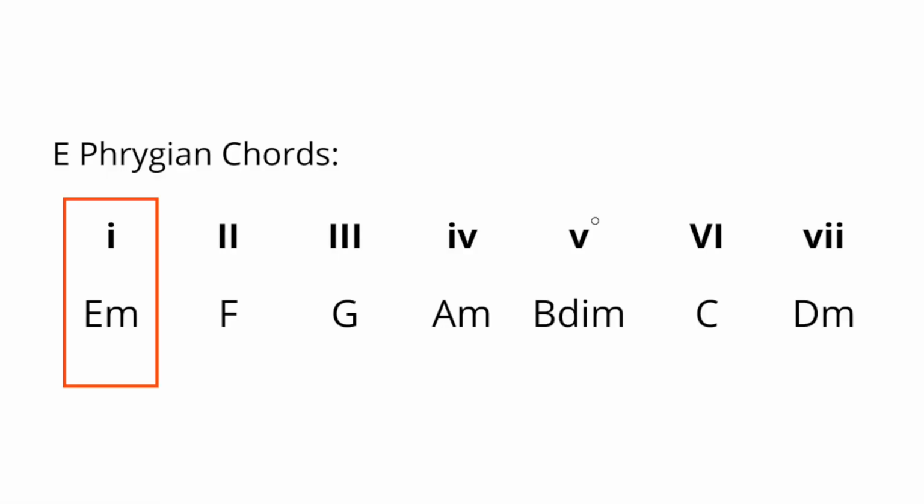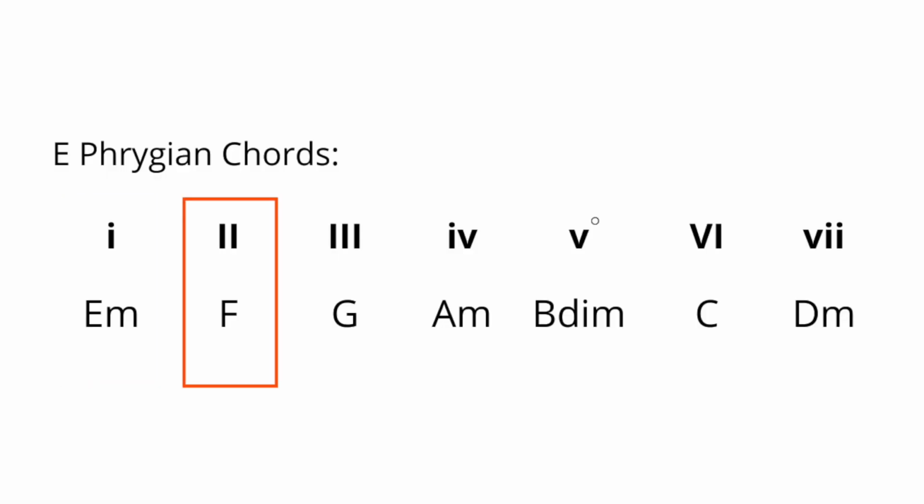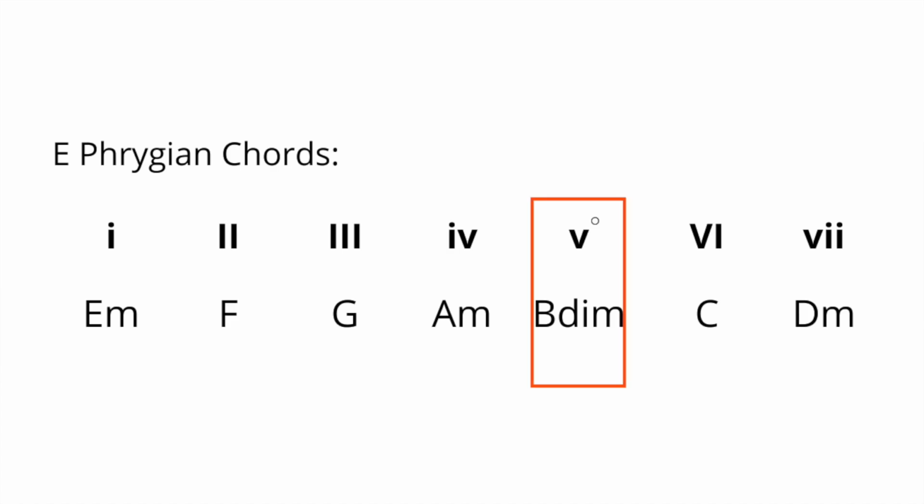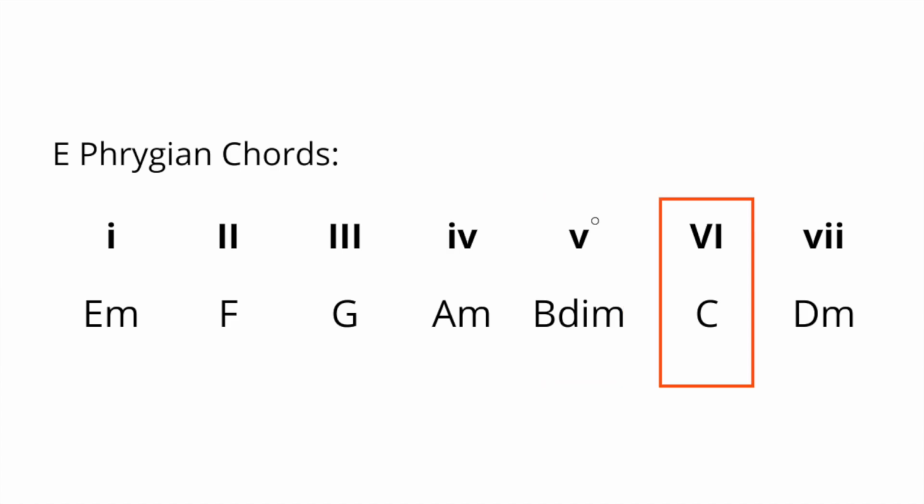If we look again at the chords in E Phrygian, we have again E minor, F, G, A minor, B half diminished or B diminished, C major, D minor, E minor. Now, if we take two arpeggios, for example the F and the G arpeggio, let's have a look at that.